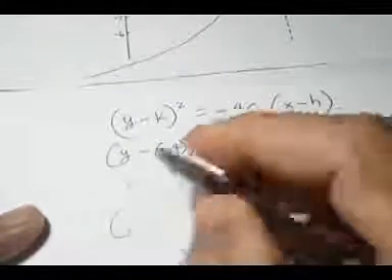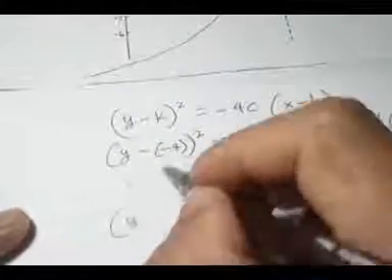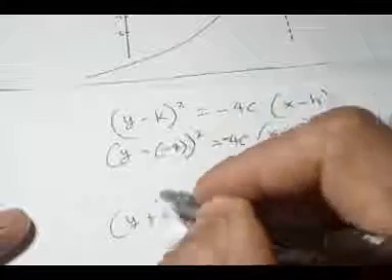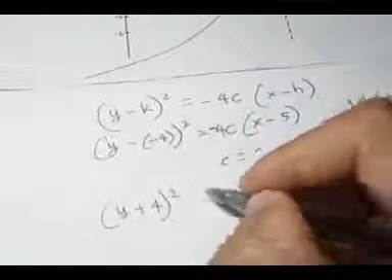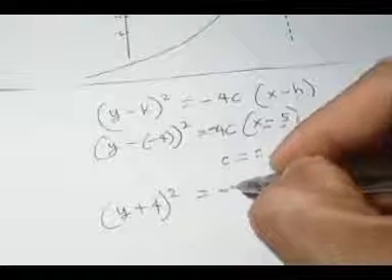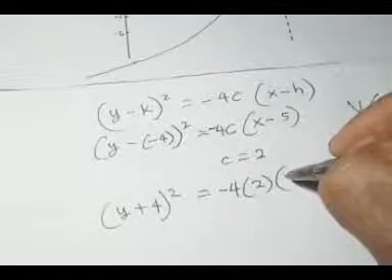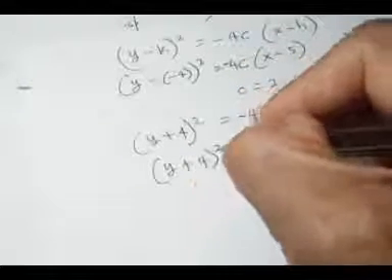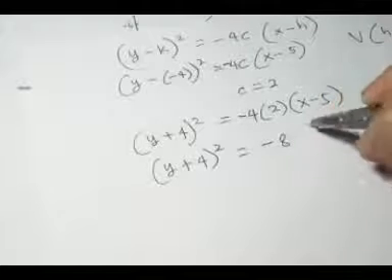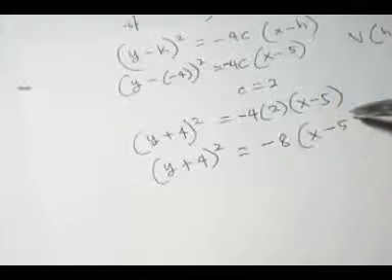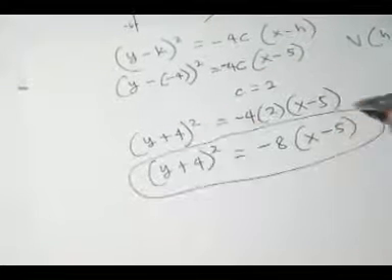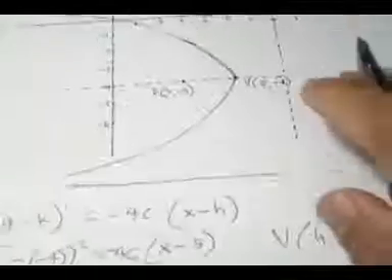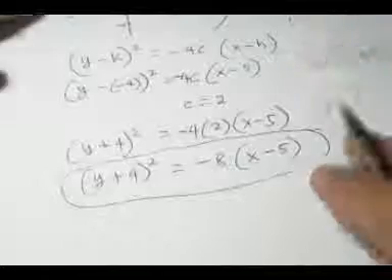Substitute and simplify further. Y, negative and negative is positive. (y plus 4) squared equals negative 4 times c, which is 2, times (x minus 5). Simplify further: (y plus 4) squared equals negative 8 times (x minus 5). So this is now the equation of this graph of the parabola in standard form.